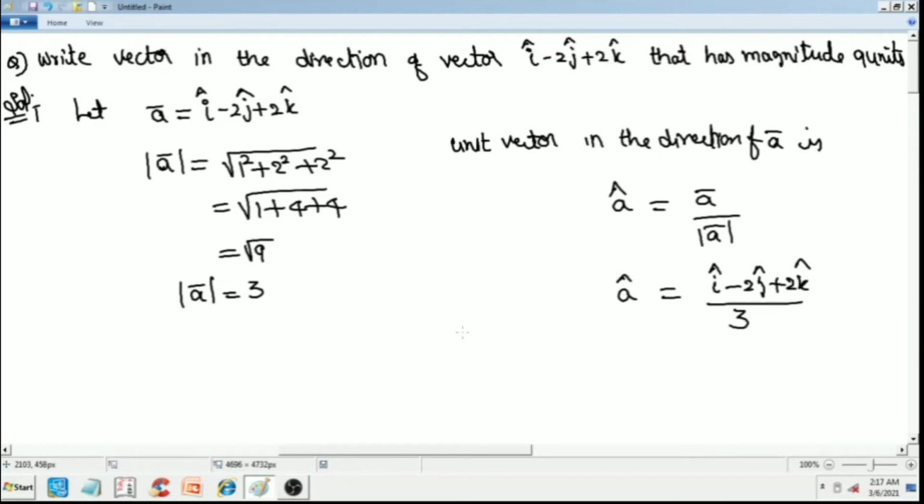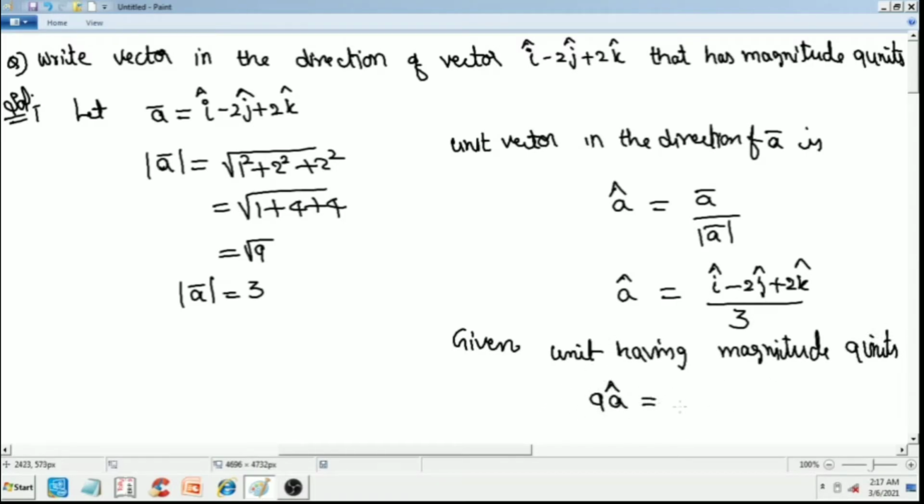So 9 times the unit vector: 9 into (i minus 2j plus 2k bar) by 3.